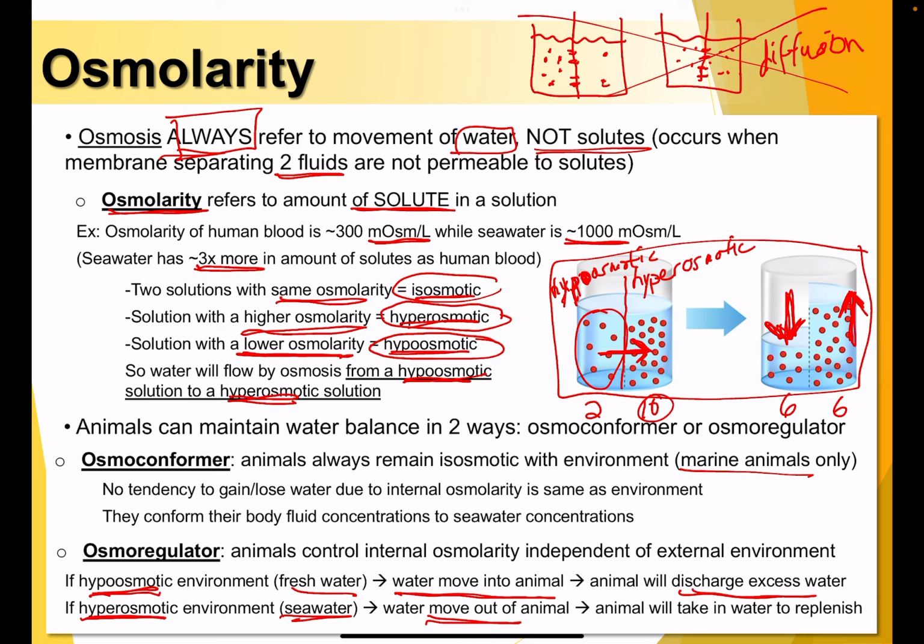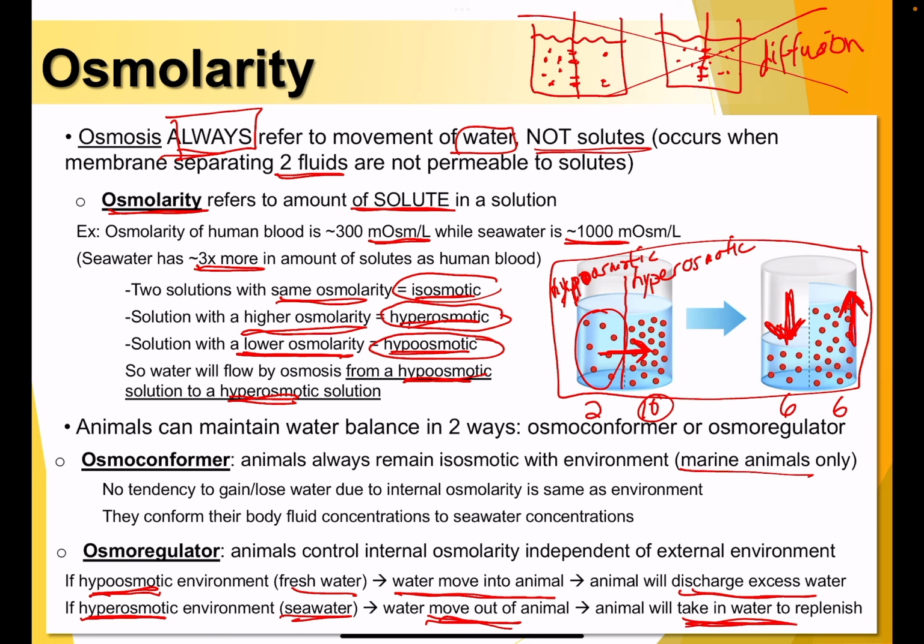That's a very, very high salt concentration solution that I'm putting in and bombarding my cells with. So, in a sense, it will end up dehydrating me, because water will move out of the animal, and then in order to deal with it, the animal will have to take in more water to replenish.